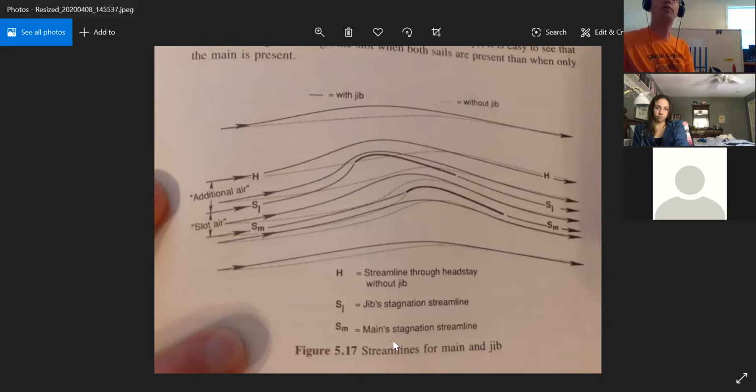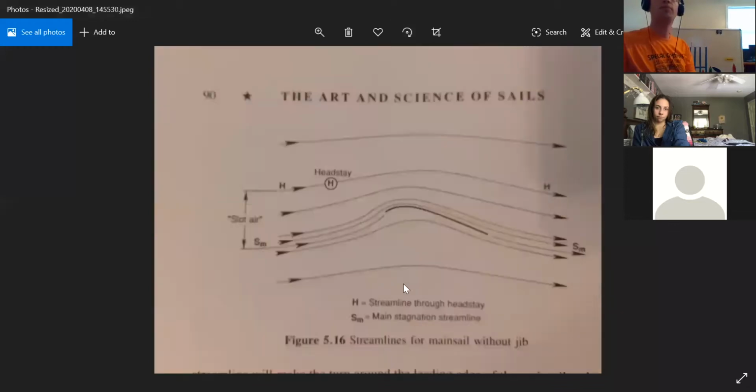So let's flip back real quick to the other picture, and we can see for the mainsail, this guy, S sub M, if we want to get all fancy scientifical, is coming right up around, where's he going? It's this guy, right? So he's going around the top here, and then we've got some air going around the front.